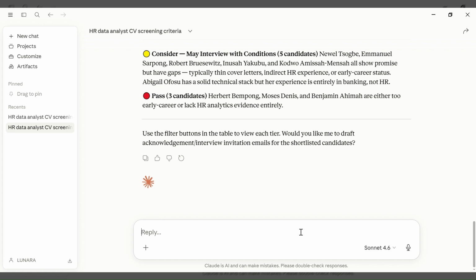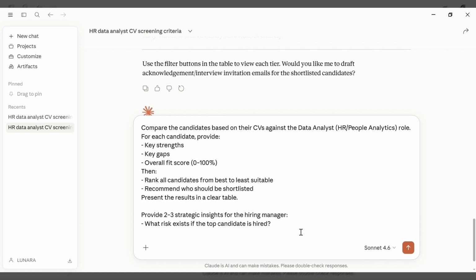So here we already have the prompts. Our Claude is being connected to the inbox. So we are giving Claude the instruction to compare the candidates based on the CVs that it has been able to screen through.